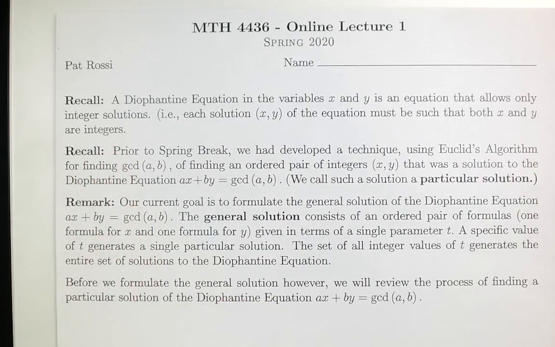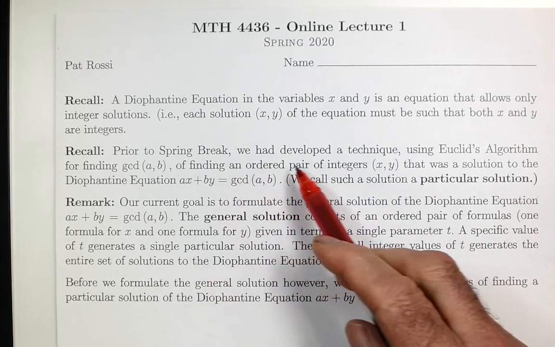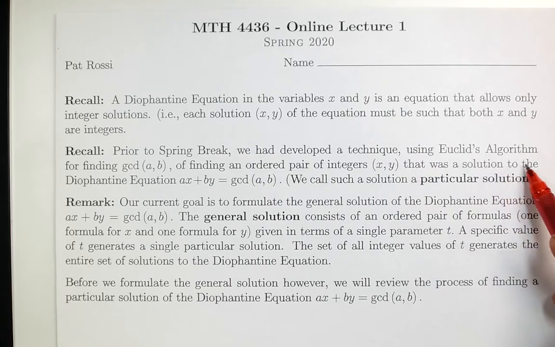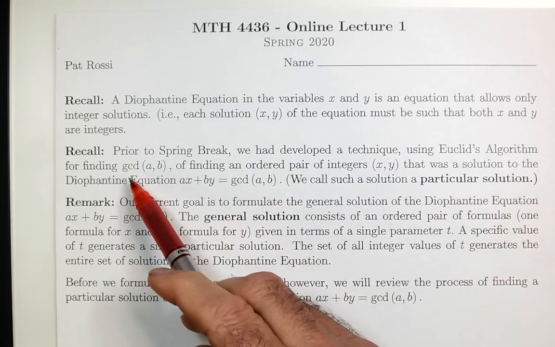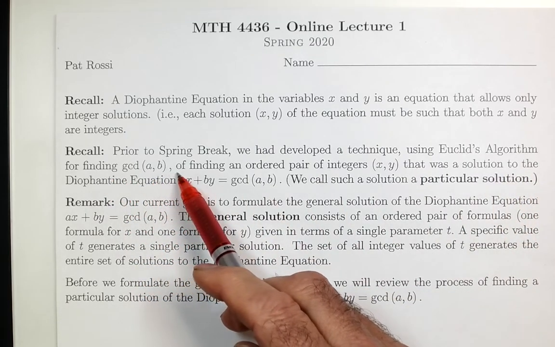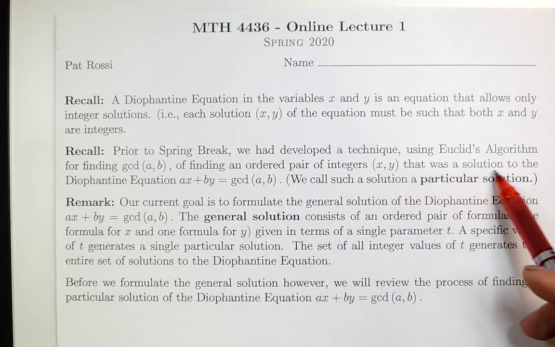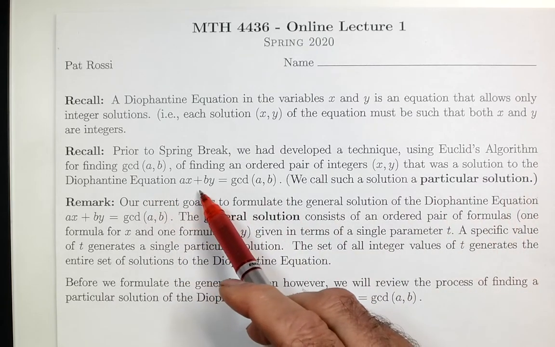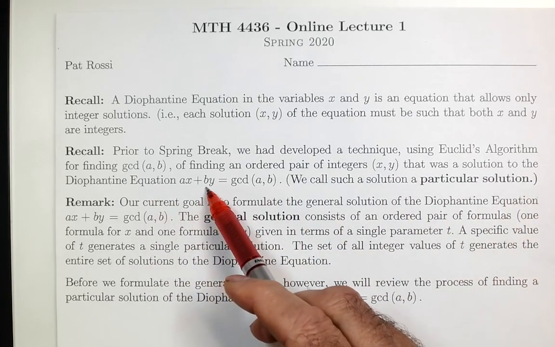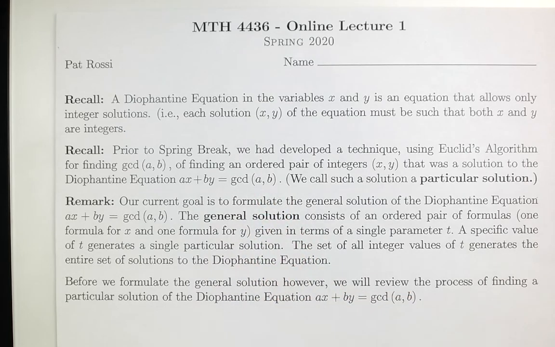And remember that prior to spring break we had developed a technique using Euclid's algorithm for finding the greatest common divisor of a and b, of finding an ordered pair of integers x, y that was a solution to the Diophantine equation ax plus by is the greatest common divisor of a, b.